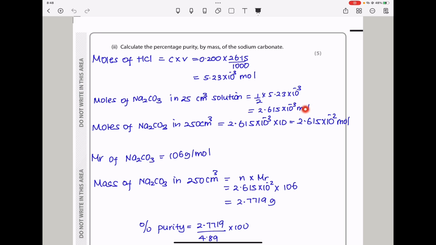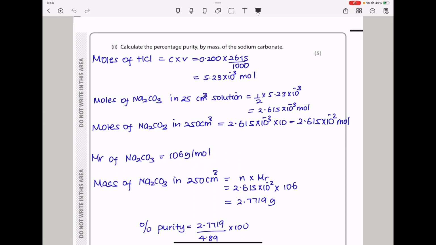which gave me this. Also the moles of sodium carbonate in 250, remember the mass was dissolved in 250 from the question, so this is going to be multiplying this by 10, and I got that. So these are the moles of sodium carbonate in the 250 centimeters cubed, that is the volume in which the sample was dissolved. The molar mass of sodium carbonate is 106 grams per mole.